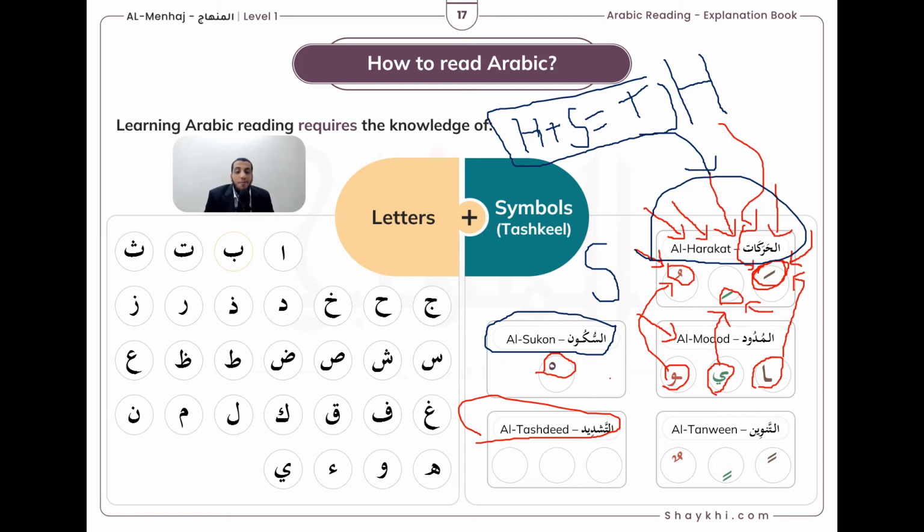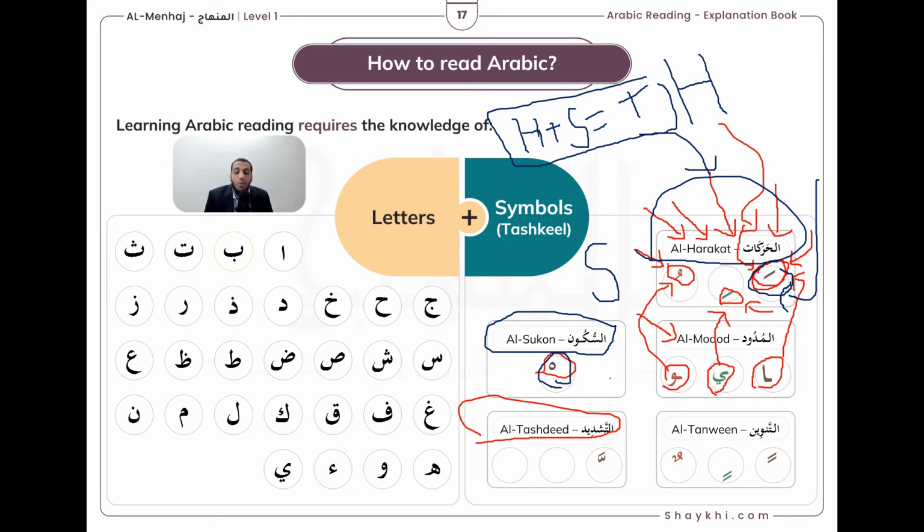Okay. So if we take al-Fatha, which is the first type of al-harakat, and as-sukun, we have here now al-Fatha and as-sukun equals what? Equals something called at-Tajdeed bil-Fath. We took al-Fatha and as-sukun, and we produced at-Tajdeed bil-Fath.